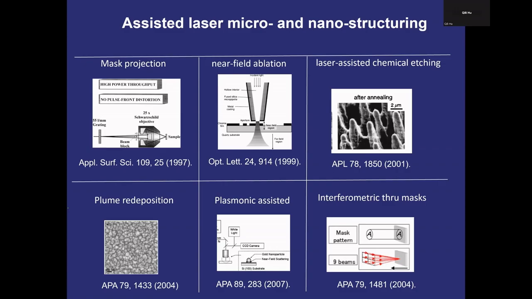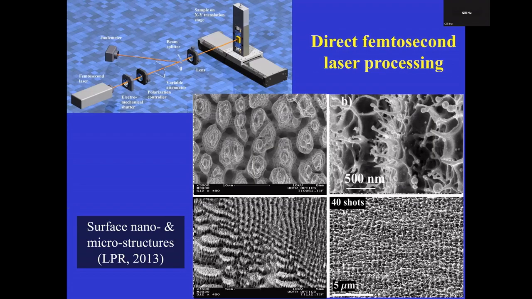So when I came here, the question I wanted to ask is whether we can use a pure, direct femtosecond laser alone to process the material and create tiny structures, really beating the wavelength limit, the diffraction limit.